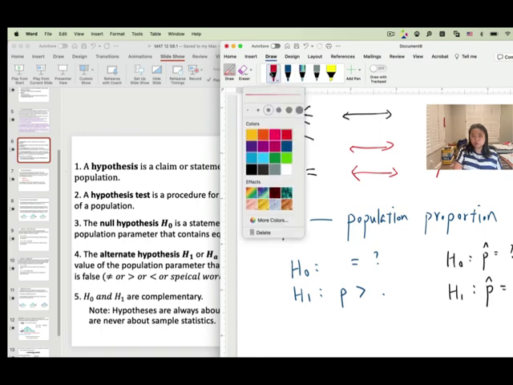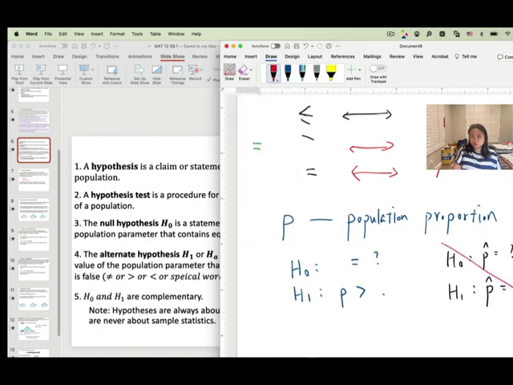It has to be the population parameter, using P, or later on the population mean. We don't use the sample statistic.